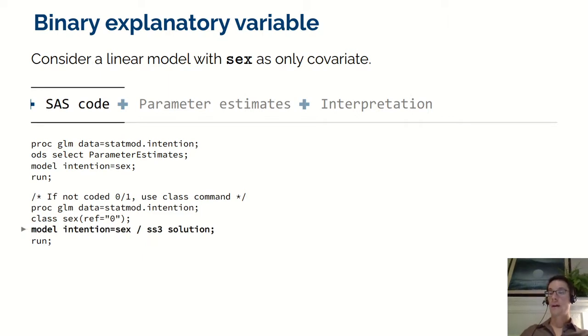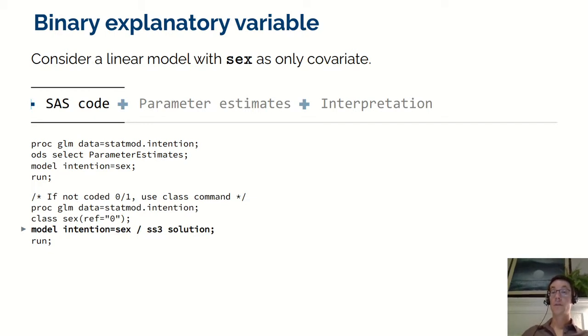And here I have the rest of the code: a model of intention as a function of sex. Normally we ask for the solution. Here I'm not selecting the output. Solution asks to print the parameter estimates. And SS3 asks for a particular parameterization, which we won't cover, but essentially anytime you fit a linear model, you want to have this option in.